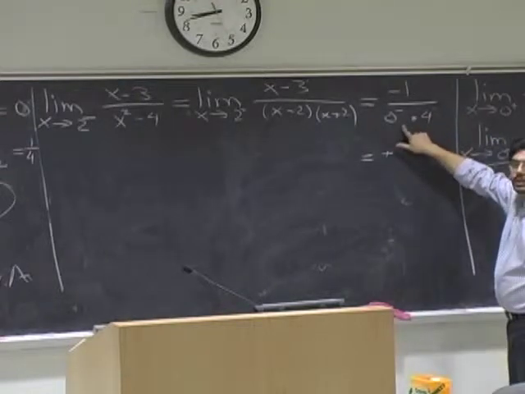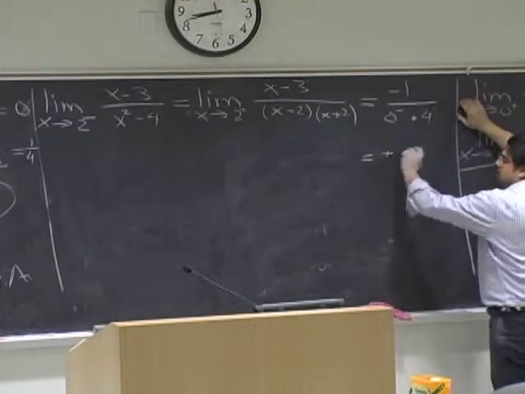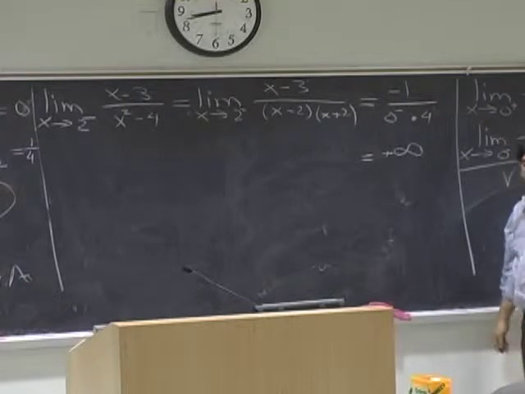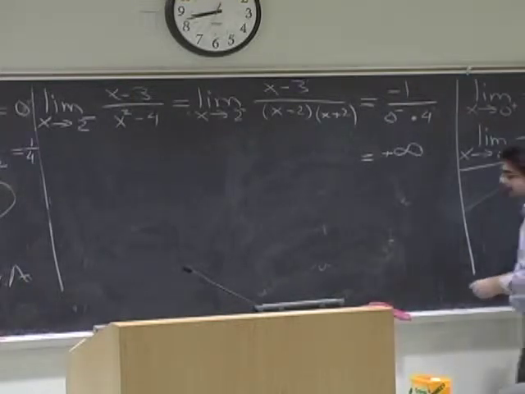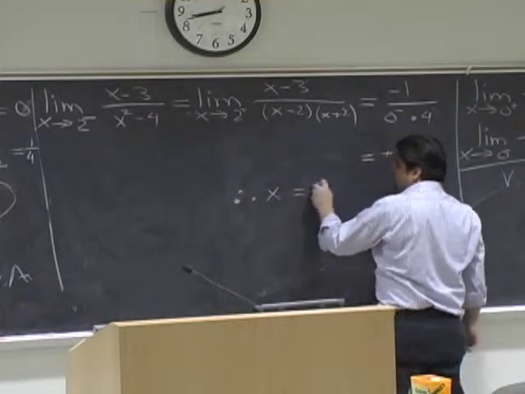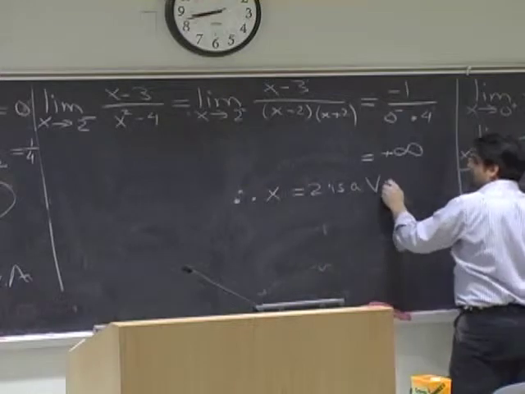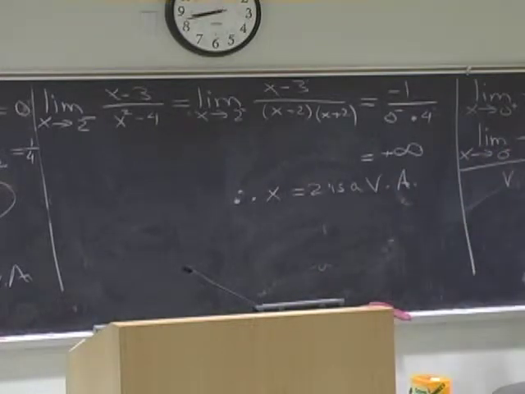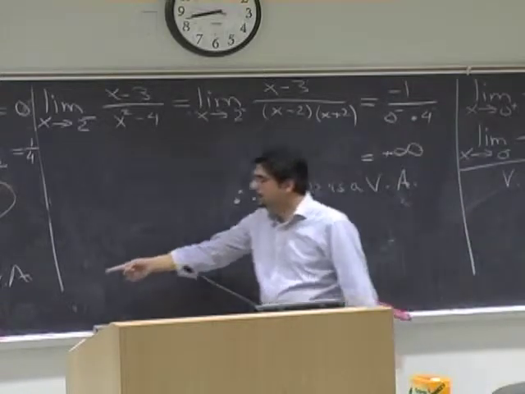The denominator is really small. The numerator is fixed. So this is plus infinity. Therefore, x equals 2 is a vertical asymptote.